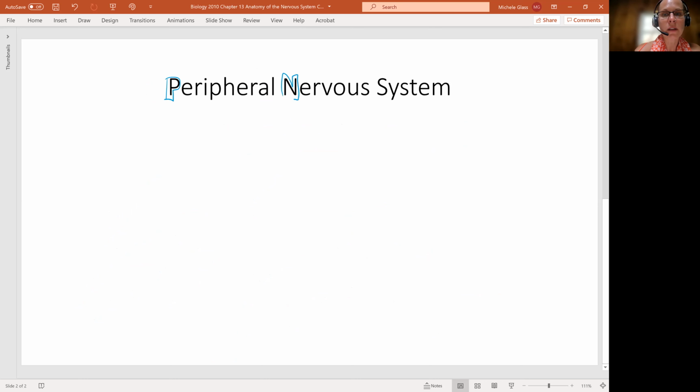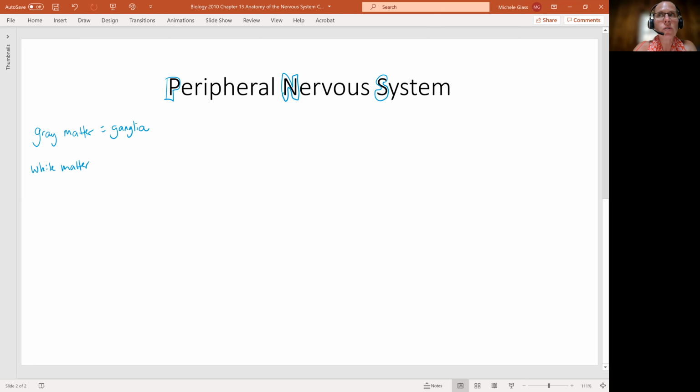And when we talk about the peripheral nervous system, of course, we can abbreviate this as the PNS. And when we're talking about the peripheral nervous system, we still have our gray matter and our white matter. And our gray matter, we're going to talk about this in terms of ganglia, which is the plural form of the word, or ganglion is singular.